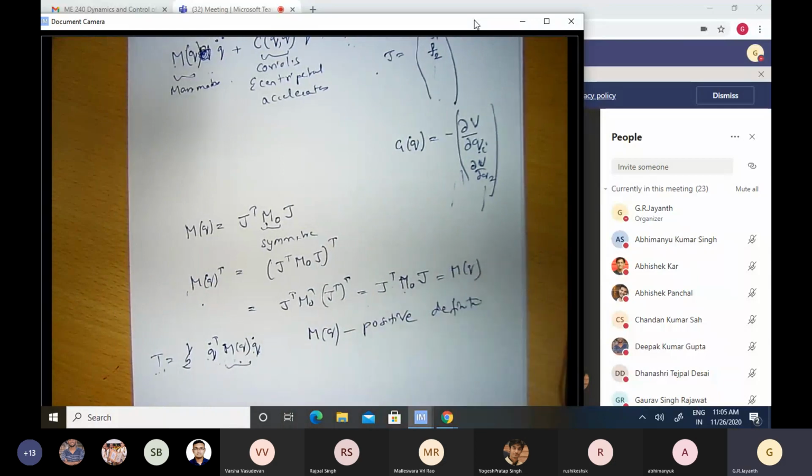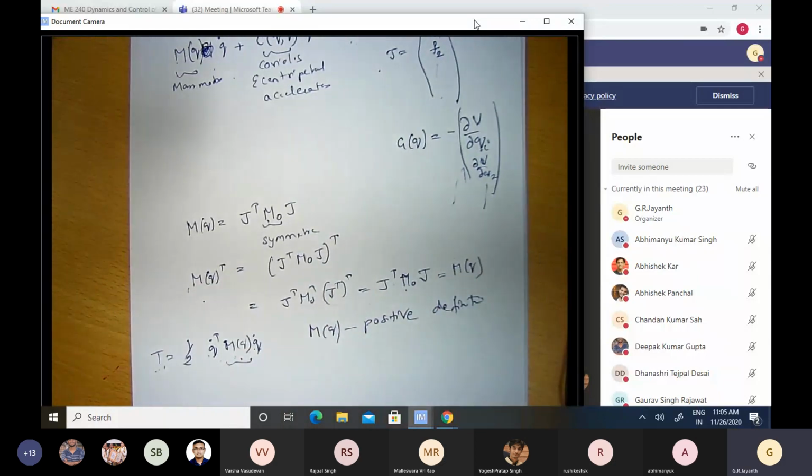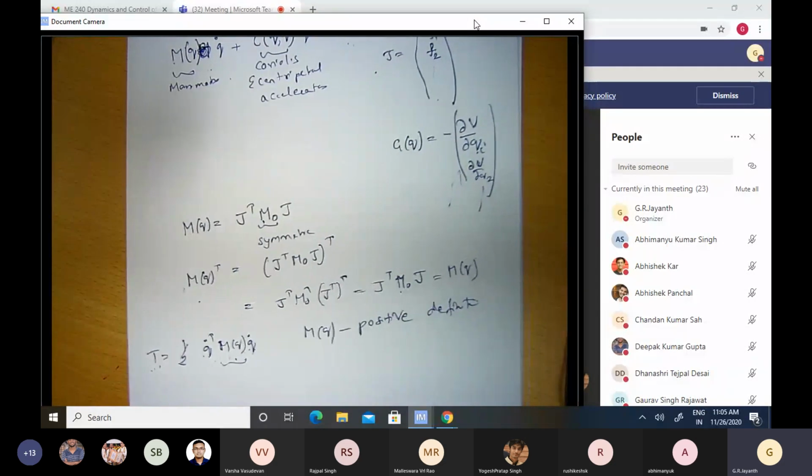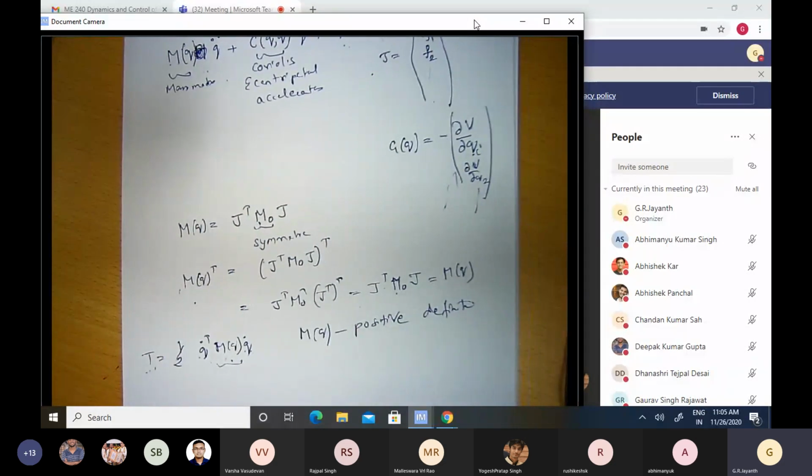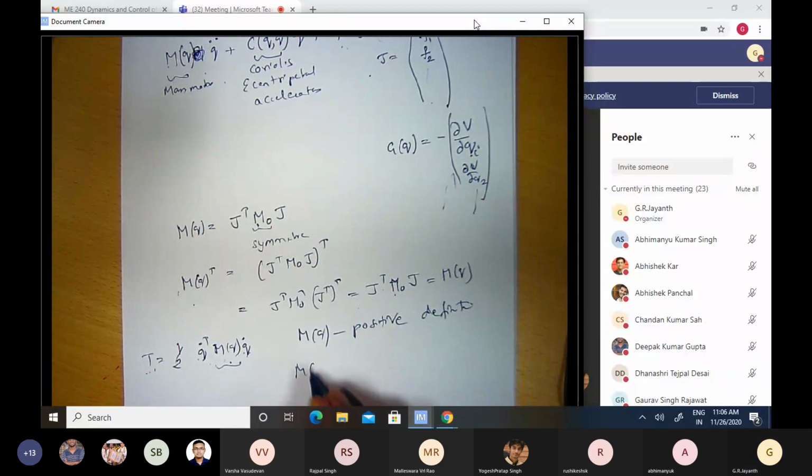And positive definite matrices have the property that their eigenvalues are always positive, and they are never zero. And if eigenvalues are never zero, then the matrix is always invertible. Okay, so that's the argument. I have presented it in a very brief manner because I did not want it to be a major thing. I just wanted to mention in passing that M of Q is always invertible.